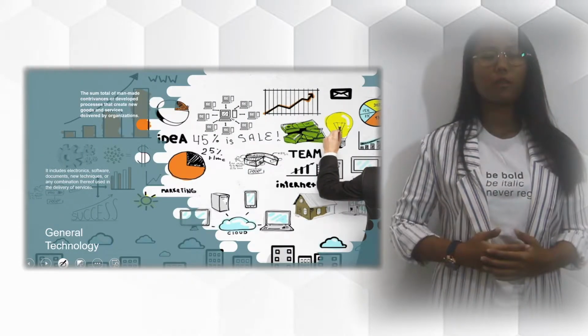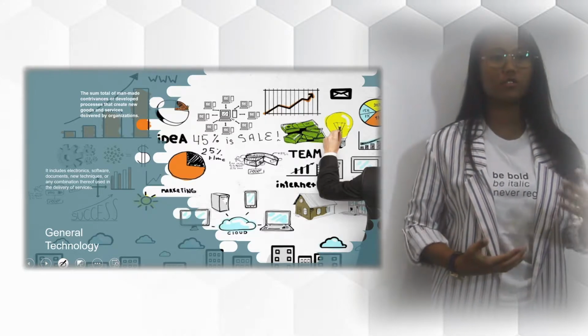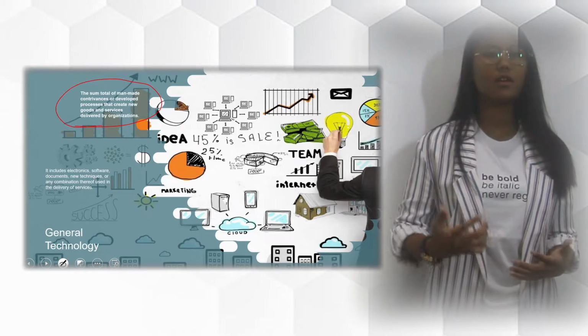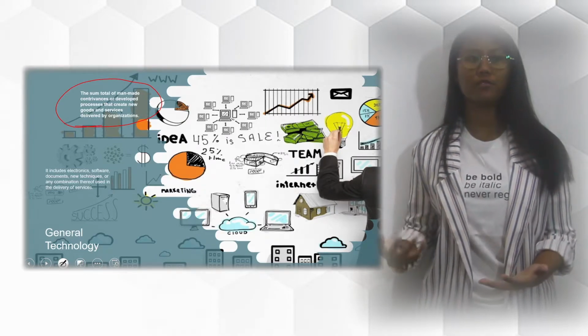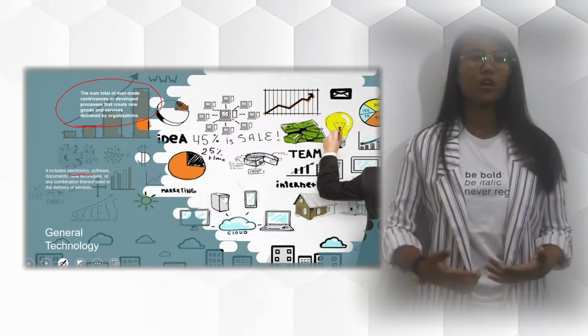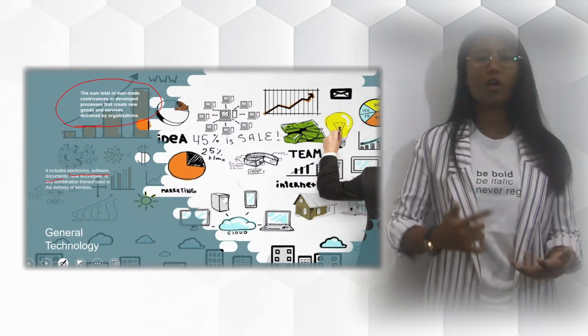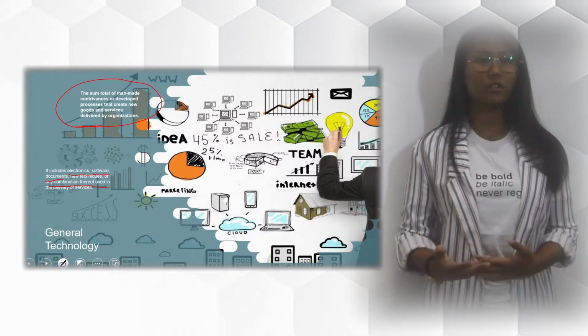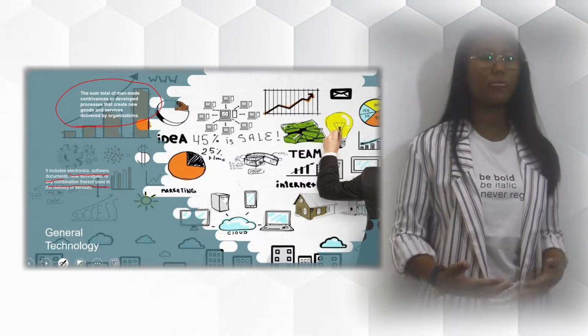Organizational technology is the sum total of man-made contrivances or developed processes that create new goods and services delivered by organizations. It includes electronics, software, documents, new techniques, or any combination thereof used in the delivery of services.